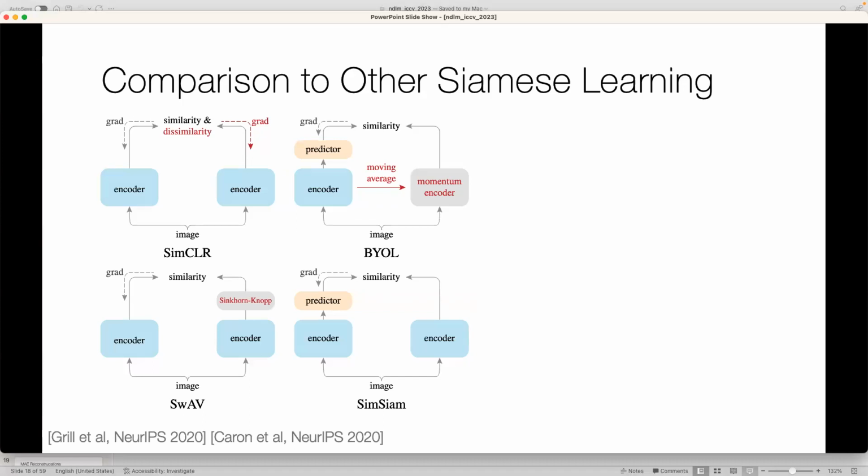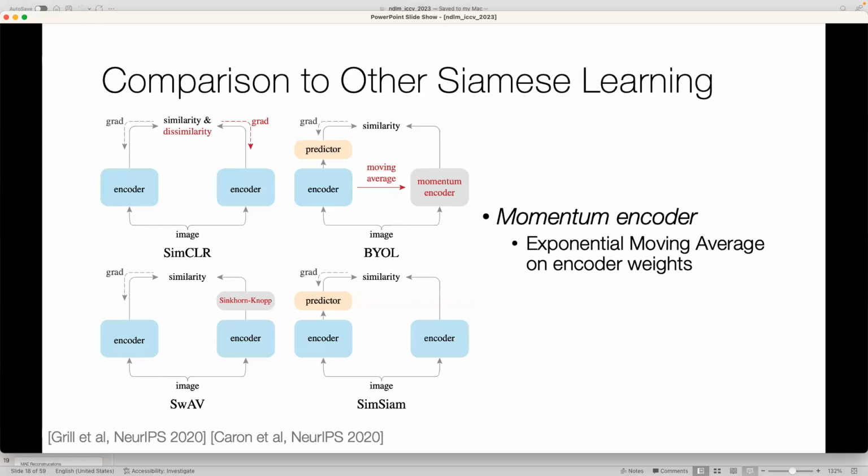And in the middle, there are 2 other non-reconstructive methods for self-supervised learning. One is called BYOL. It uses a momentum encoder, which does an exponential moving average on the encoder weights. Compared to SimSiam, it also has a predictor, and because of the momentum encoder, the gradient is also not backpropagated on the right side.